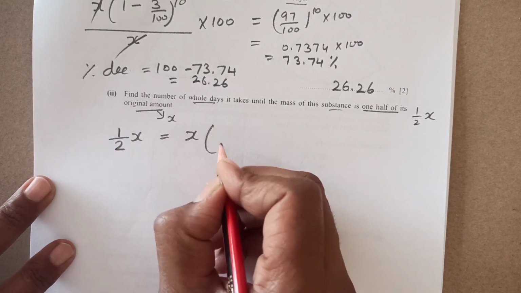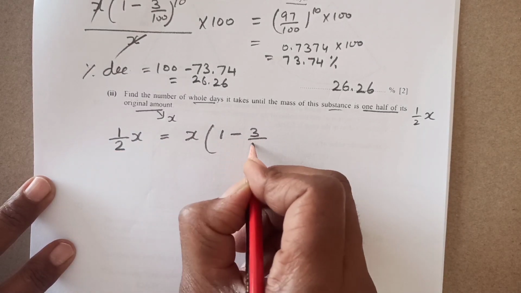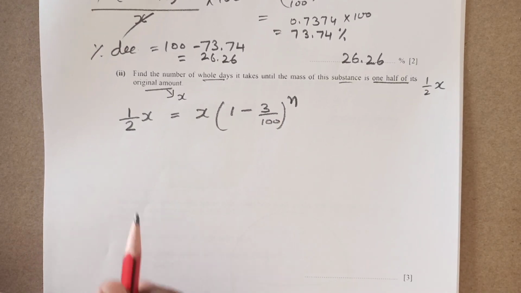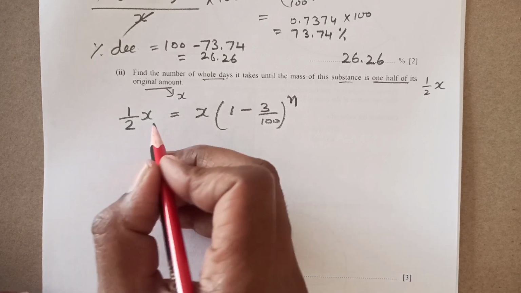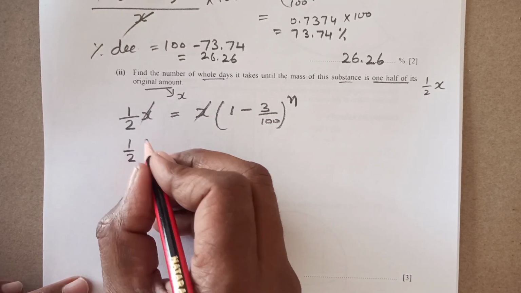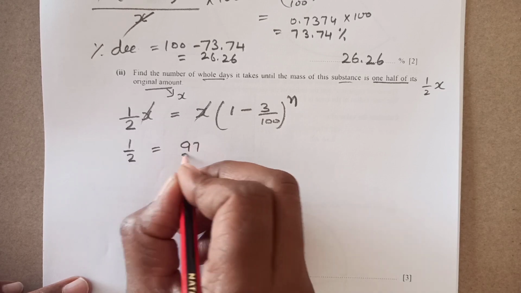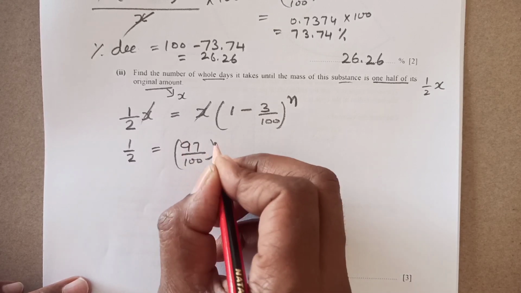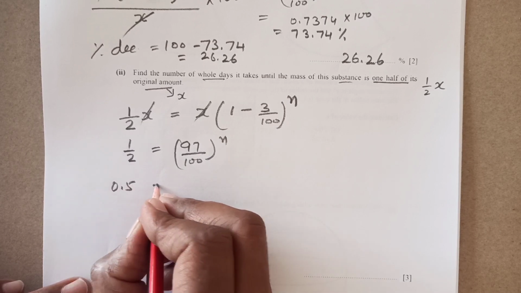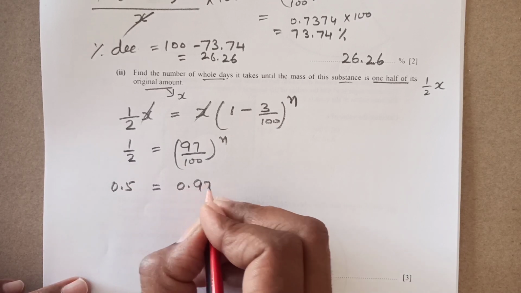Originally it was x, so after the decrease, that is 97 over 100 to the power n. So this is the equation. Once you form this equation, then it's very easy. So this x and x gets cancelled, 1 over 2, this will be 97 over 100 to the power n. So this is going to be 0.5 equals 0.97 to the power n.